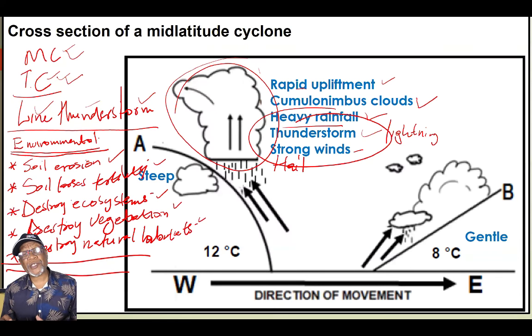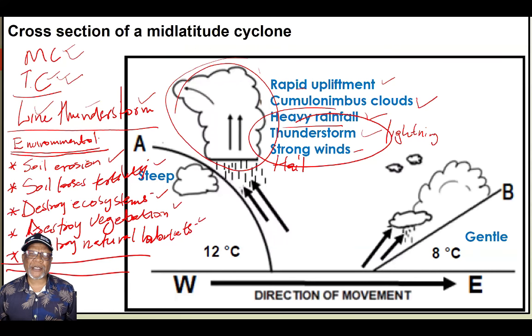If the question wants physical environment, you must give physical environment. If the question is open and it says the coastal environment, then you give coastal environment. But you must also be careful. Is the question saying impacts, or is it saying negative impacts? If the question is saying negative impacts, you must only give negative impacts.